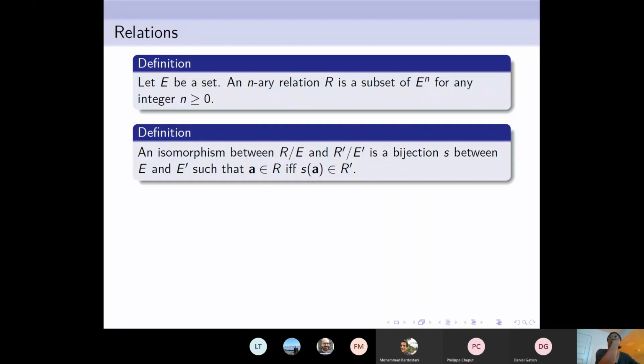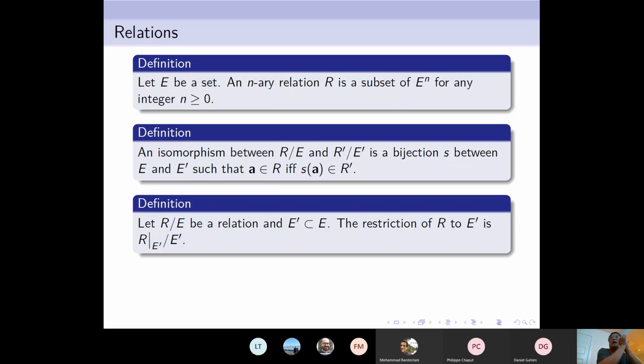So E is called the universe of the relation. We can also introduce the restriction. Let's say E prime is a proper subset of E, and then we can restrict our R to the universe E prime. Then we get a new relation on E prime. This is called the restriction of R to our new, smaller universe E prime.